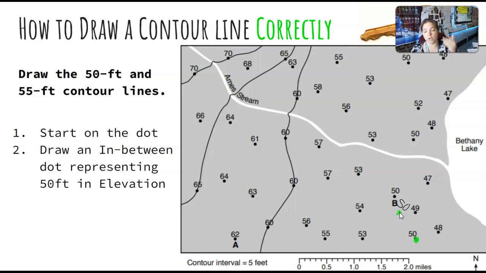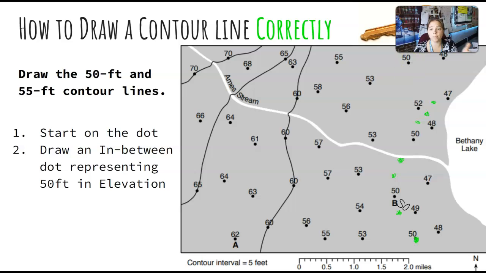That way you know it's 50, and you know those are the colored dots that you're going to do after this. And then we're going to continue: 53 and 47, 53 and 47, 56 and 48, 52 and 48, and then like 53 and 47-ish, and then you've got a 50 up here.